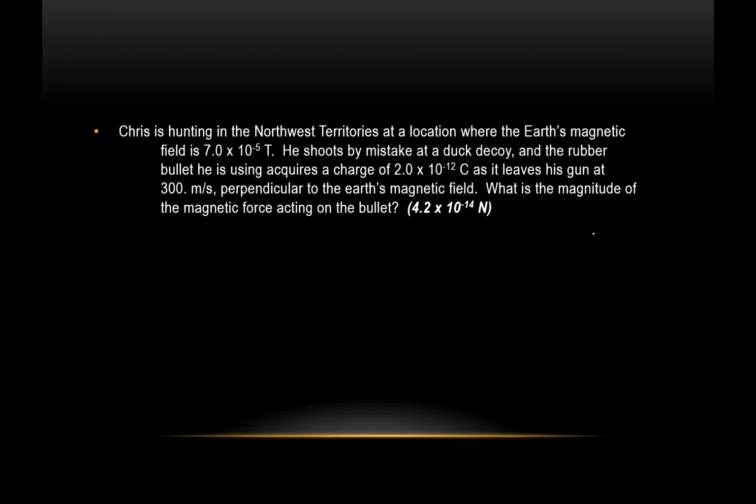Alright, let's go through this. So, we have Chris. He's hunting in the Northwest Territories up in Canada. And the magnetic field at that point, we're told, is 7 times 10 to the negative 5 Teslas. I'm going to go ahead and write that down before I do anything else. So, the magnetic field, B, is going to be 7e to the negative 5 Teslas.